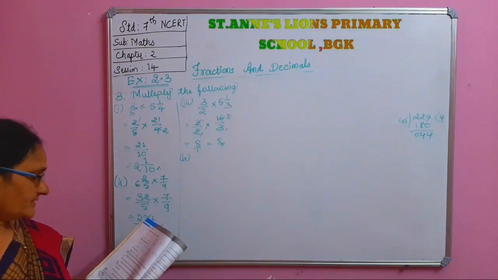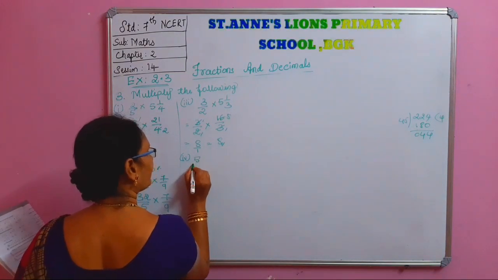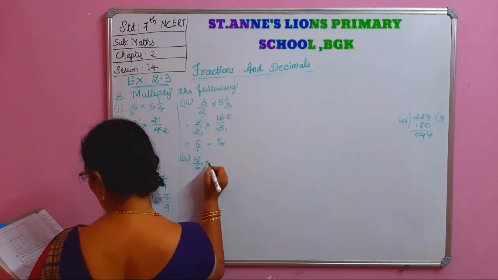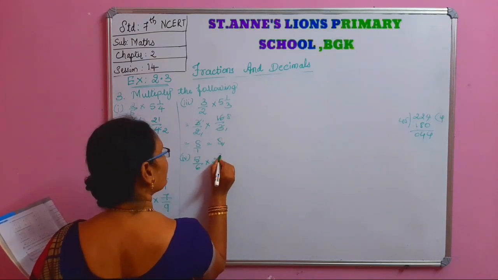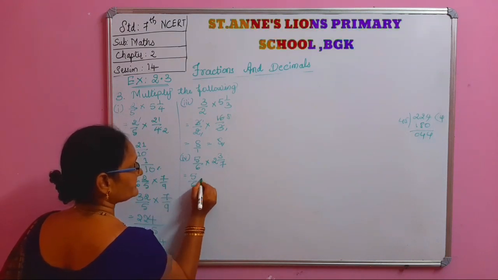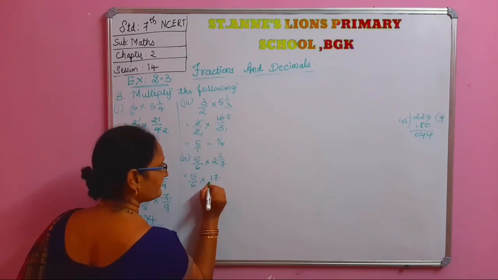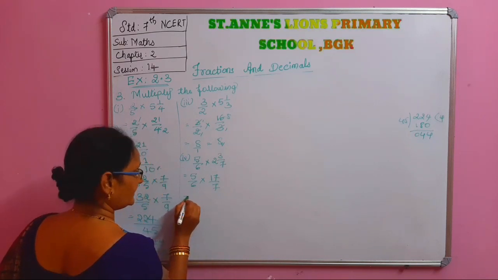Then the next one, that is fourth one, 5 by 6 into 2 integer 3 by 7. 5 by 6 into 7 twos are 14, 14 plus 3, 17 by 7. Is there any cancellation?